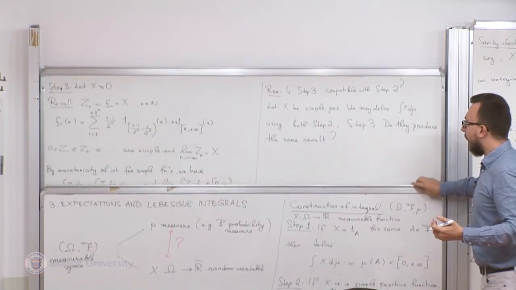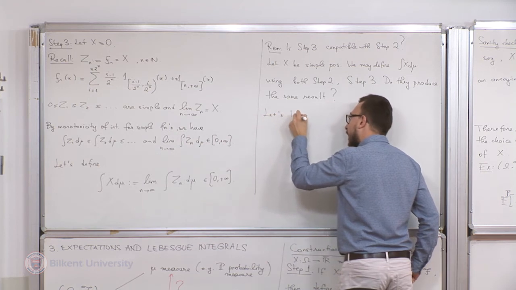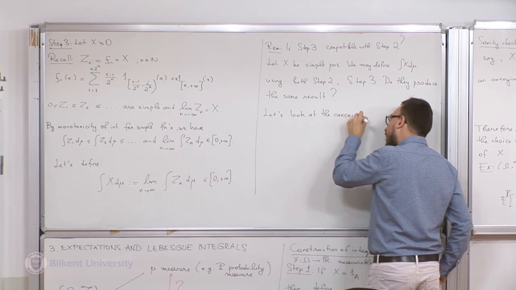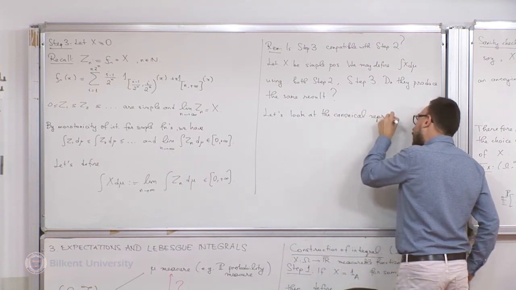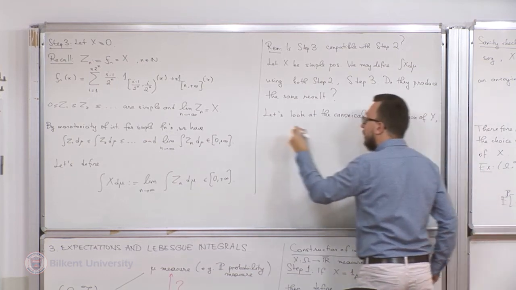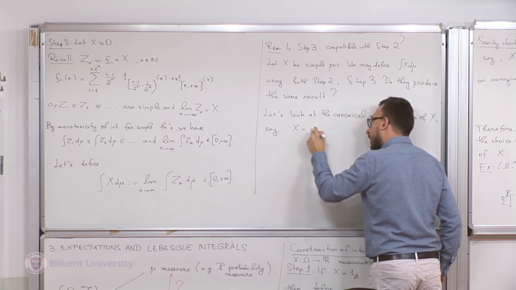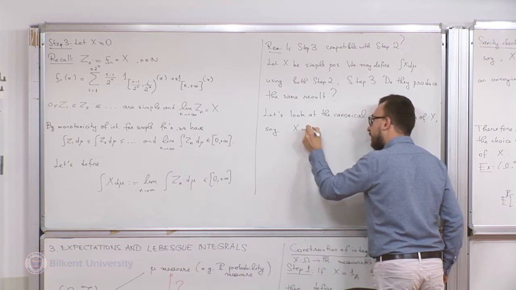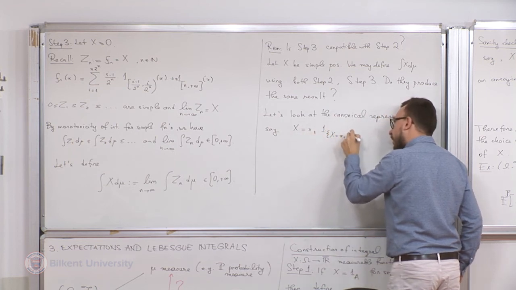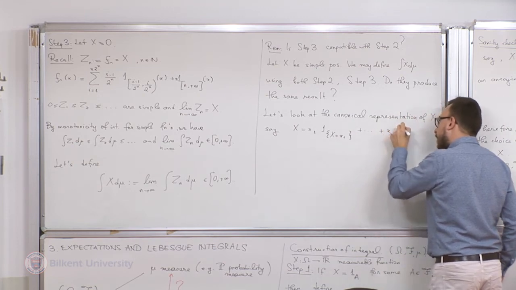Let's check it. Okay? So let's look at the canonical representation of x. Say x is x1 on this set and xm on this set.